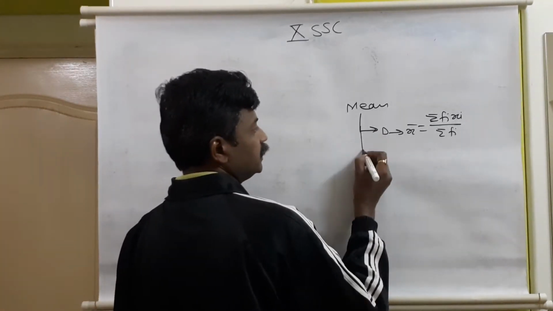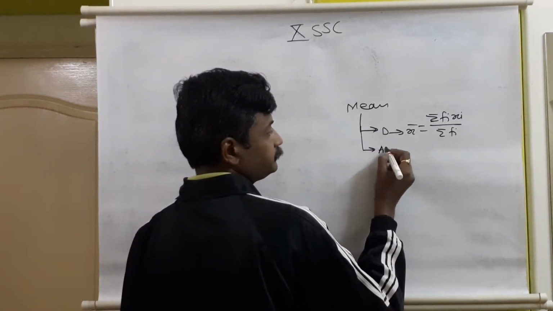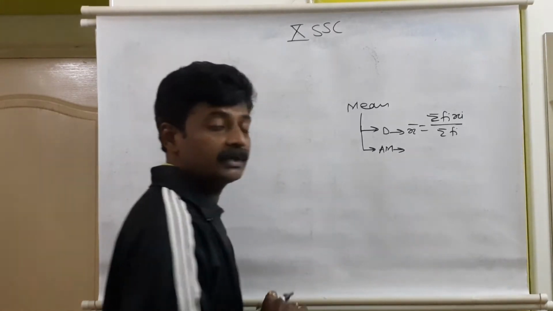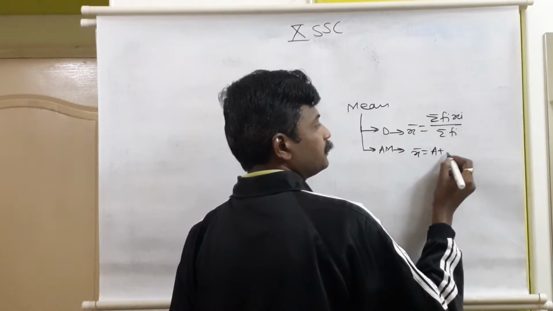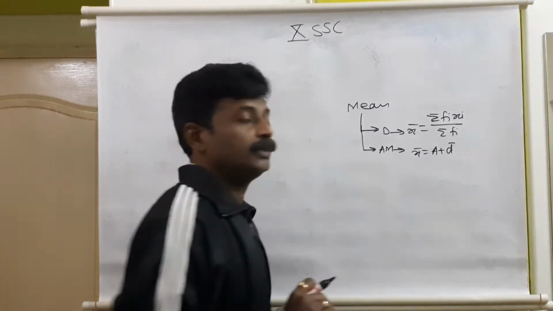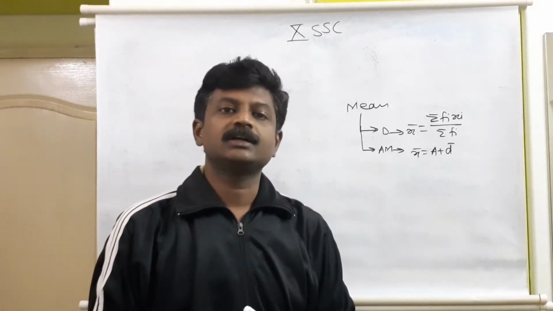Second method we have seen is the assumed mean method. In the assumed mean method, the final formula is x bar is equal to a plus d bar, where a is the assumed mean, the considered mean.